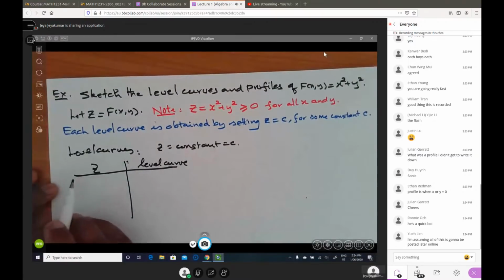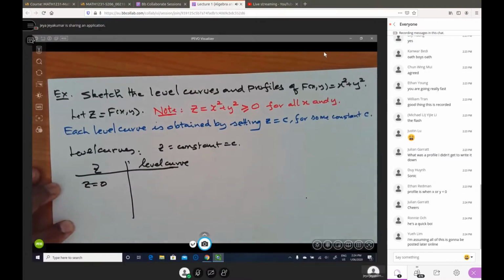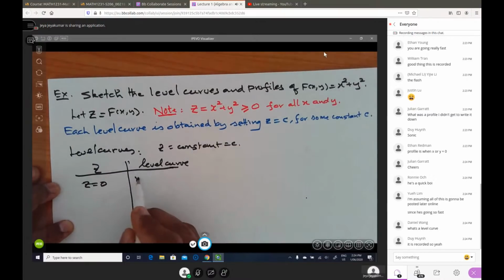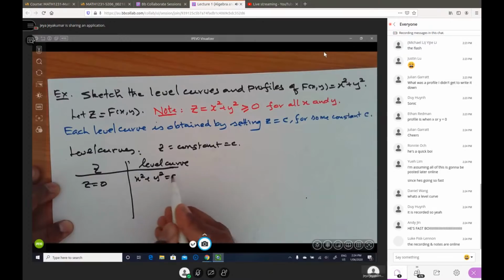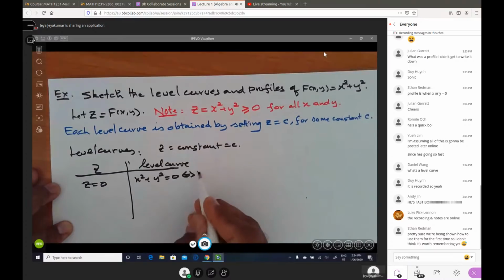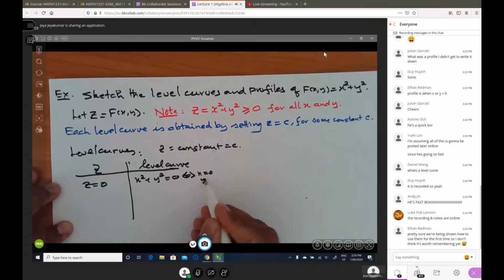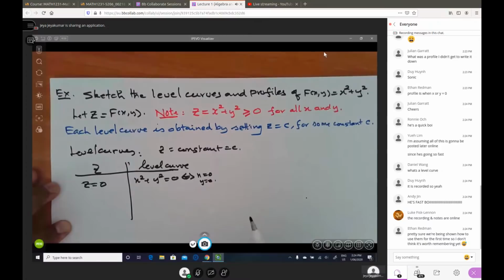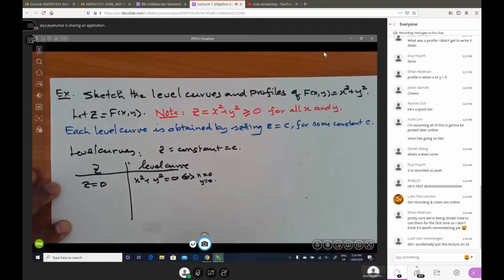Okay, so z equals 0. Let's put z equals 0 first. When z equals 0, that means x squared plus y squared equals 0, which means x equals 0 and y equals 0. That's the point, right?